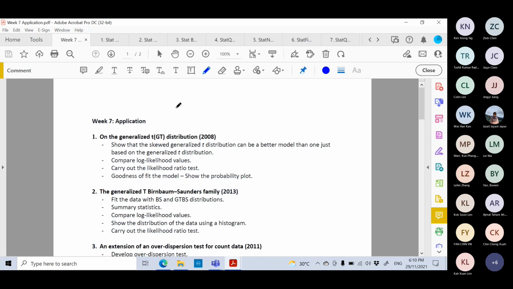You need to support your results with certain statistical techniques. For example, you carry out hypothesis testing. You present your technique in a graphical way or in numerical numbers. Then you carry out comparisons of your new techniques with the existing techniques, or the new models with the existing models.